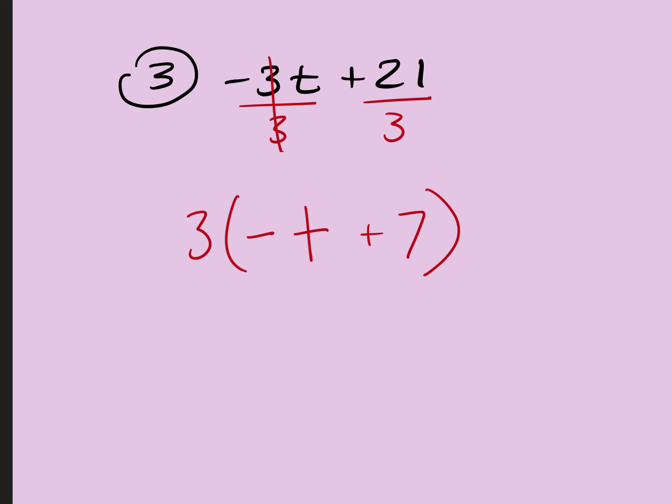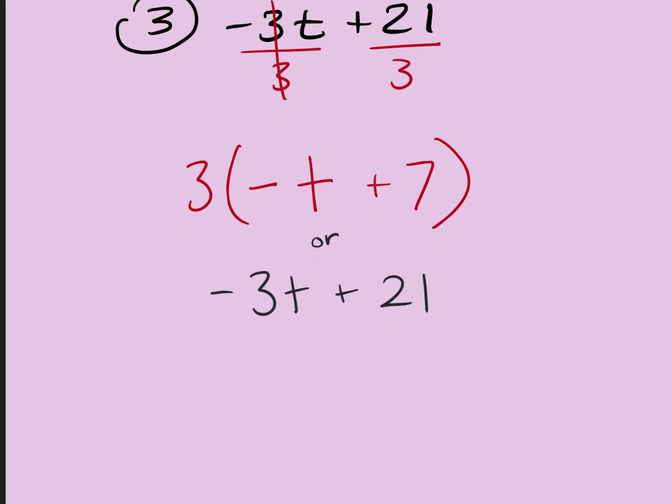Instead of taking out 3, what else could I have divided here? What else could I take out as my greatest common factor? I took out a positive 3 here, but what else could I take out instead?